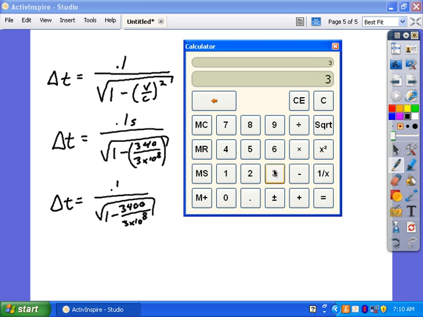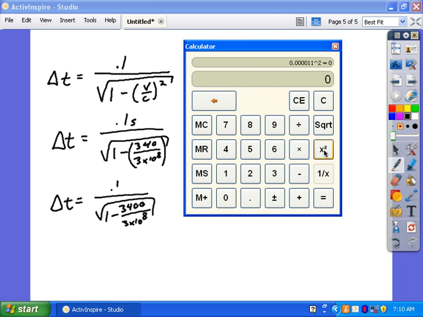So 3,400 divided by 3 times 10 to the 8th, million. Equals. All right, got a little bit bigger of a number.